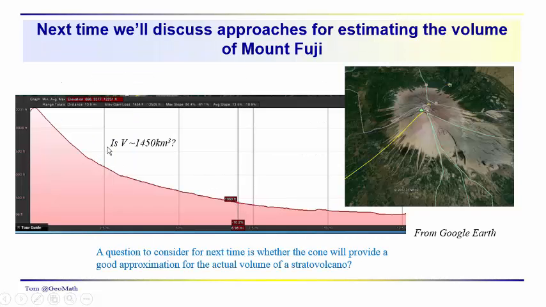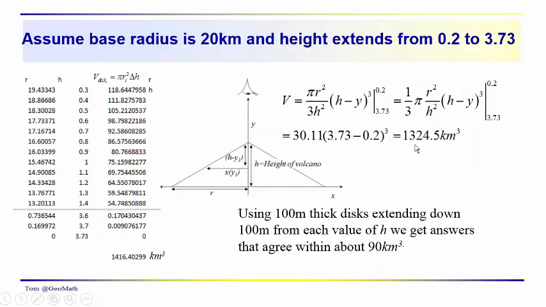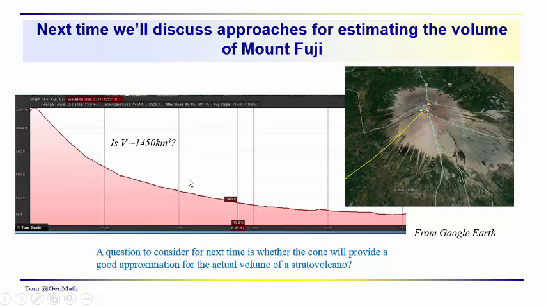So is the volume of Mount Fuji, based on this profile, which is taken from Google Earth, is the cone a good approximation of the volume of Mount Fuji?